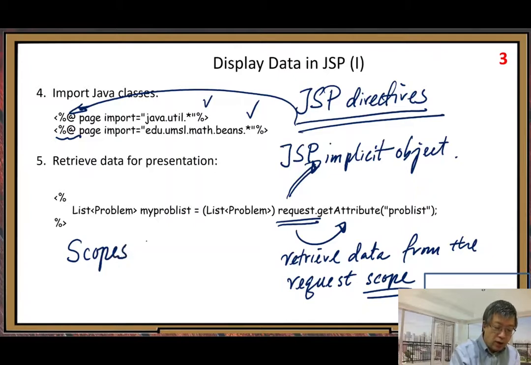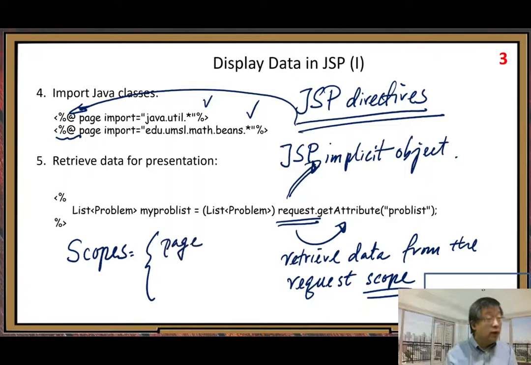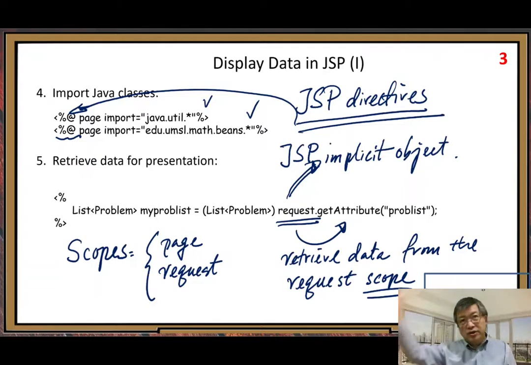JSP has 4 different scopes. Page scope: the data is only available in the current page. Then request scope. We know a request has a cycle, request and response, a whole cycle.